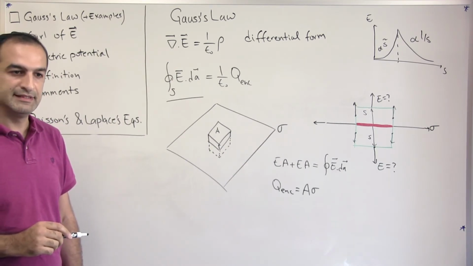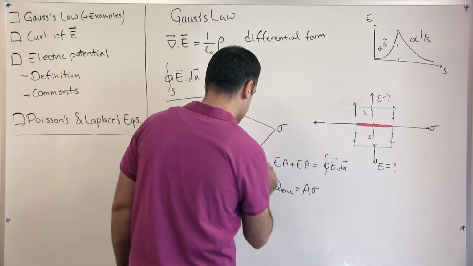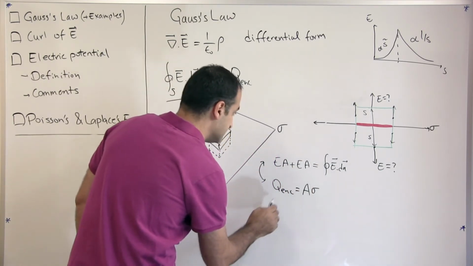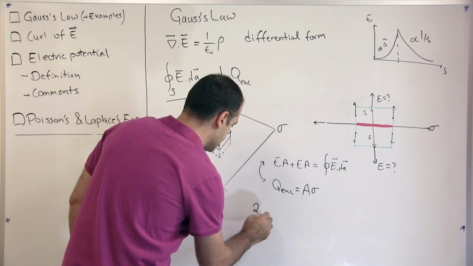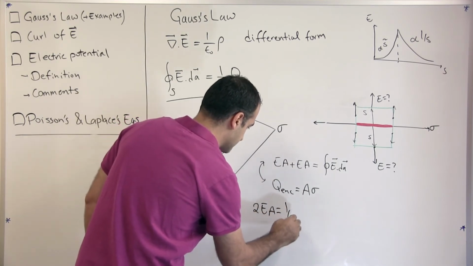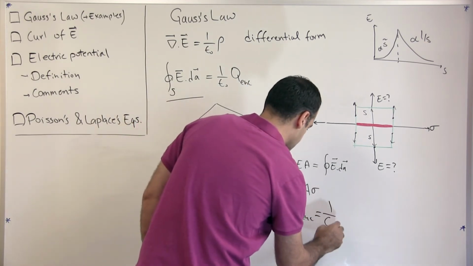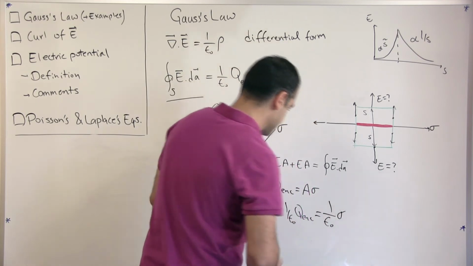Sounds good? Easy? And now let's connect these two together. 2 times EA should be equal to 1 over epsilon naught Q enclosed.